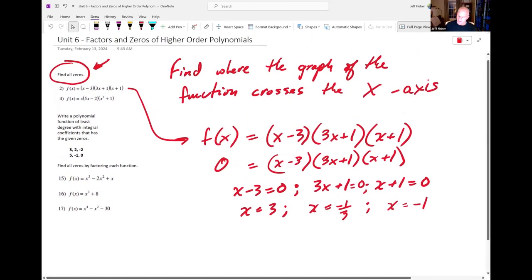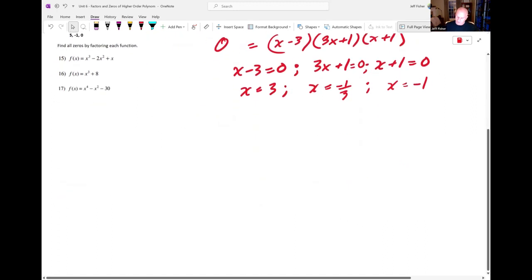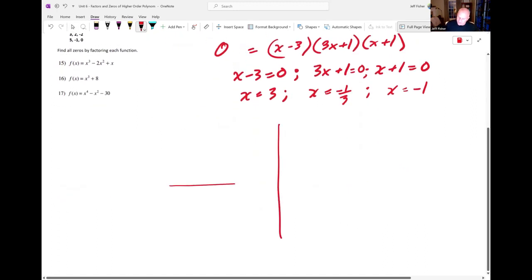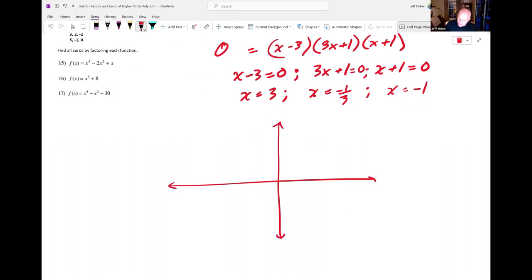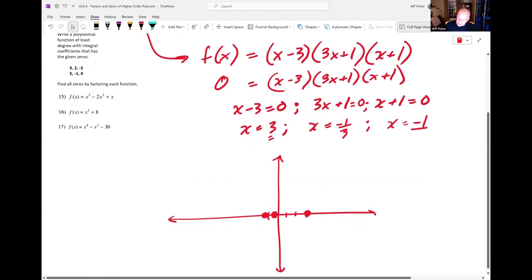Just to circle back to the graphing of it all, we have roots at 3, at negative 1/3, which is going to be right in here, and at negative 1. And we know that this is going to be a cubic.